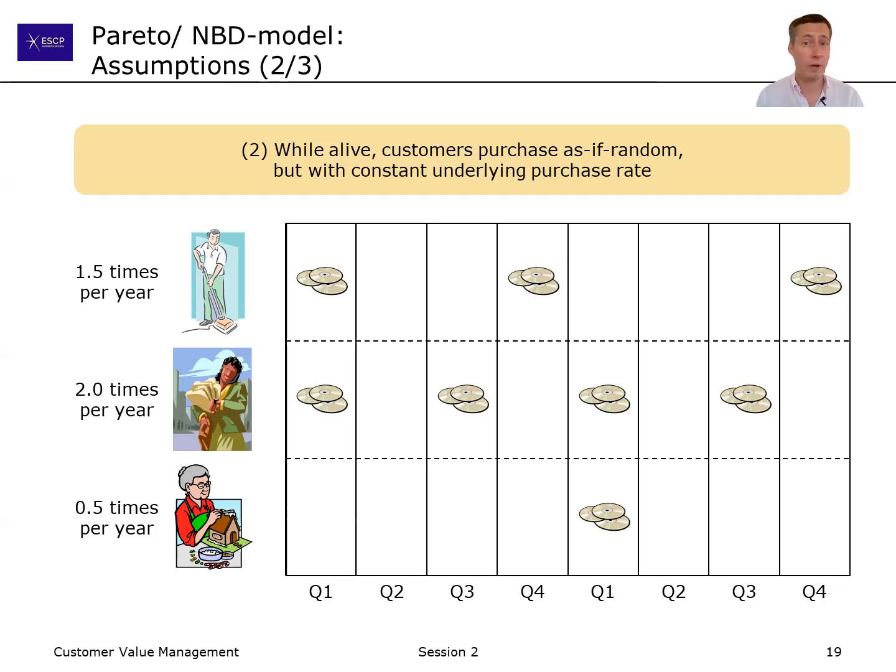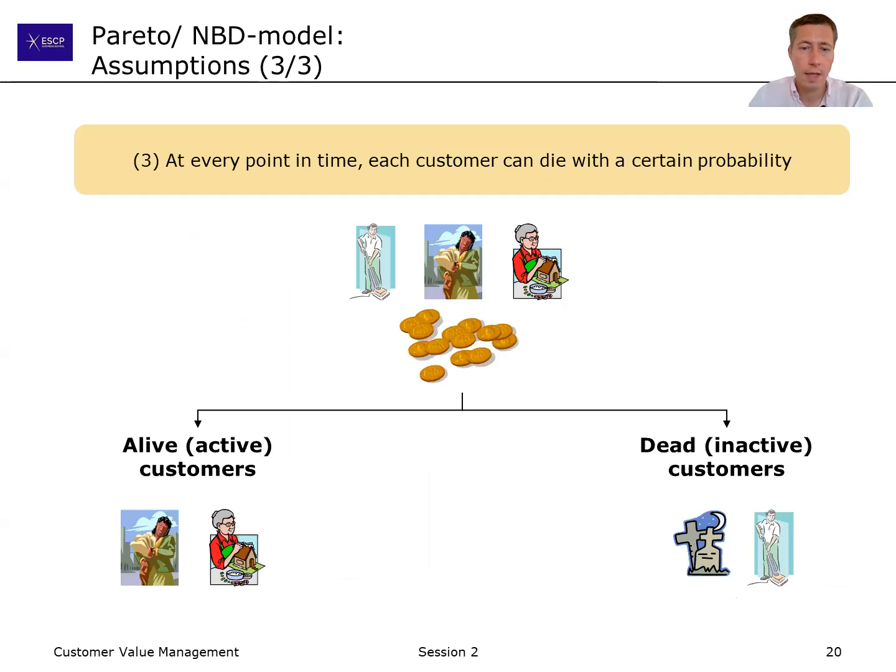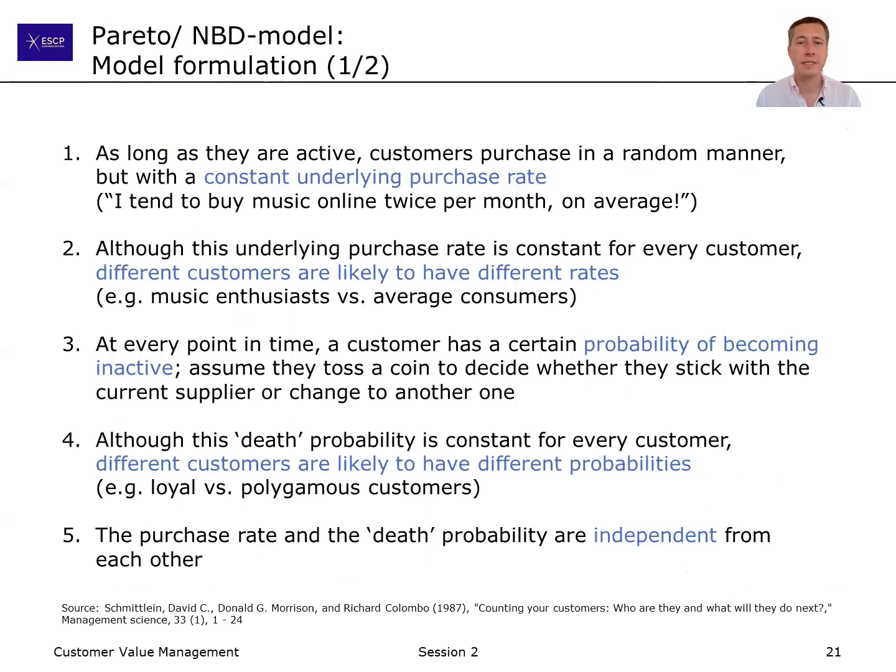They will buy it no matter whether they need it or not, whenever the timer goes off. Every day, a customer can die. Remember from the beginning, it can either mean the customer actually dies, or it can mean the customer stops buying the product category or stops buying a specific brand. And different customers have different probabilities of dying.